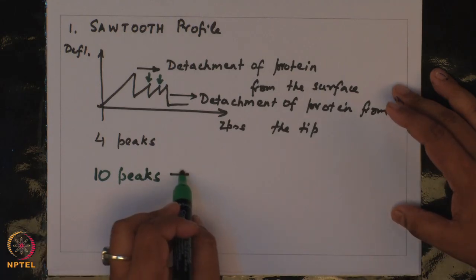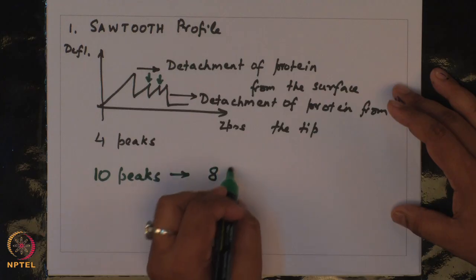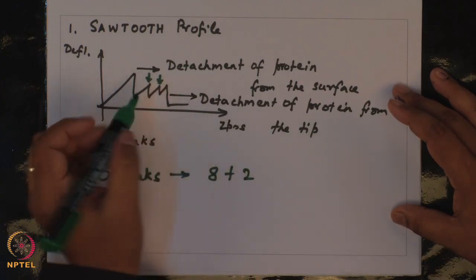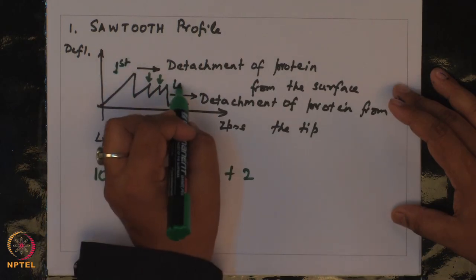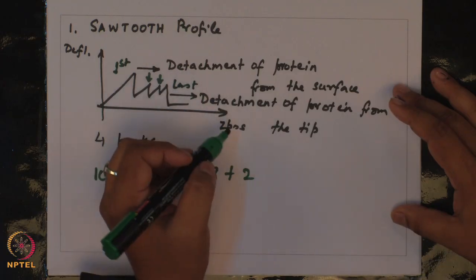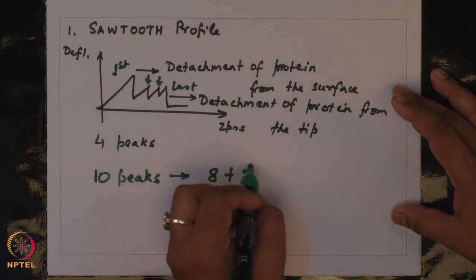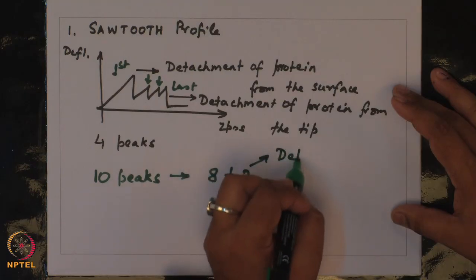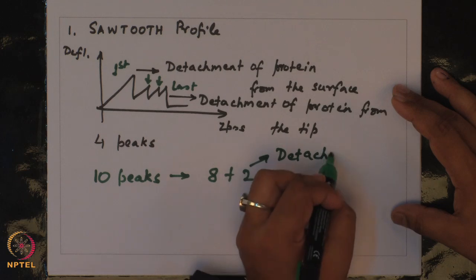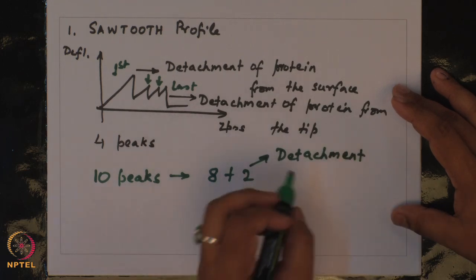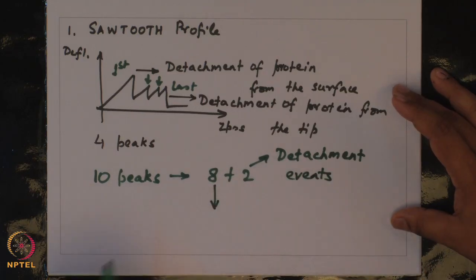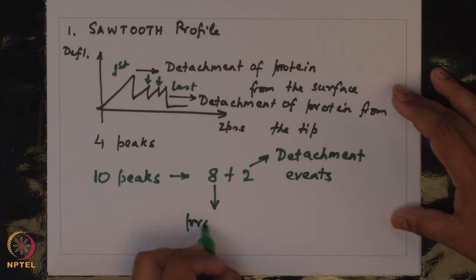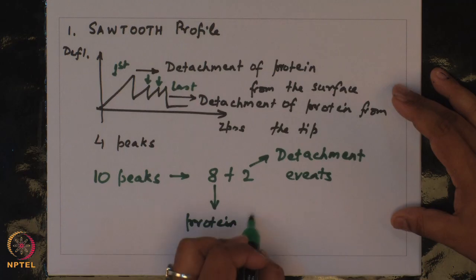Then you can break it down into 8 plus 2, because the first peak and the last peak are not protein unfolding events, but detachment events. But these 8 correspond to protein unfolding events.